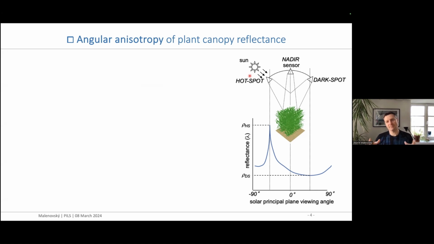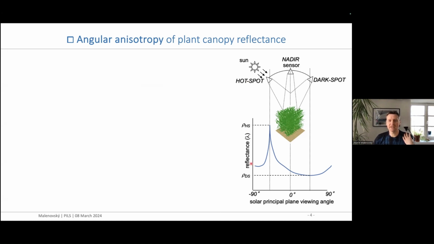This complex composition is basically causing this angular anisotropy of the signal of the reflected light, which is depicted or described on this graphic here.